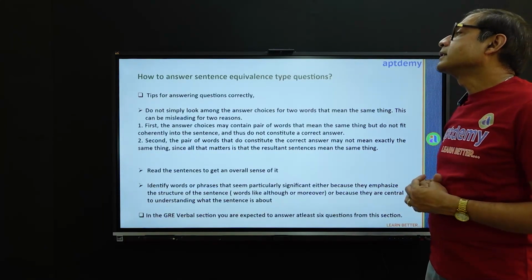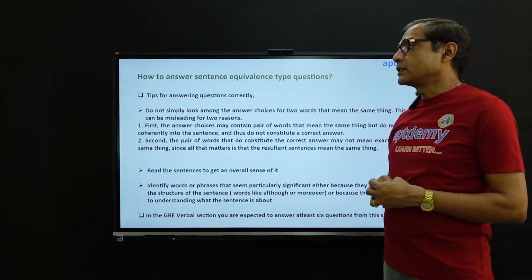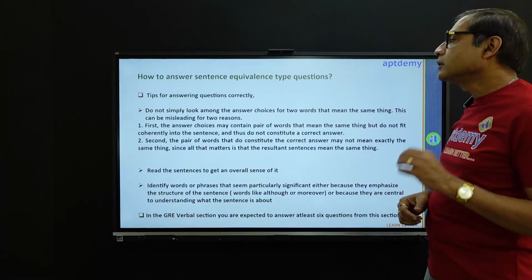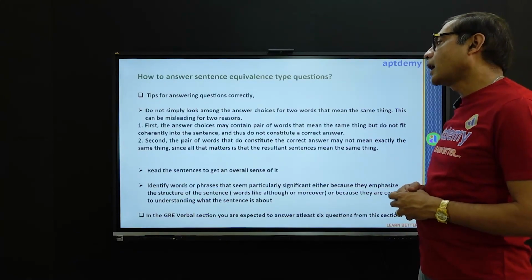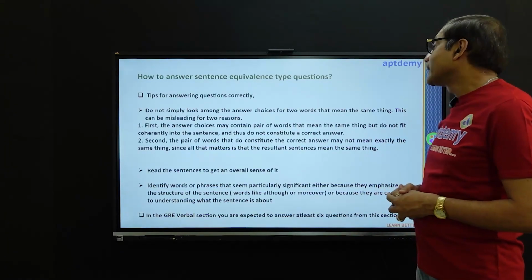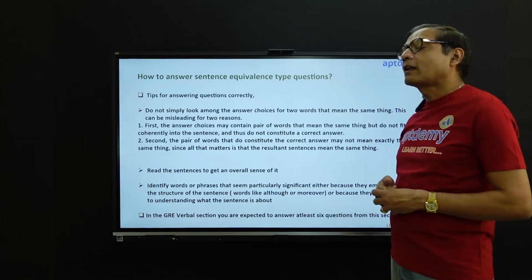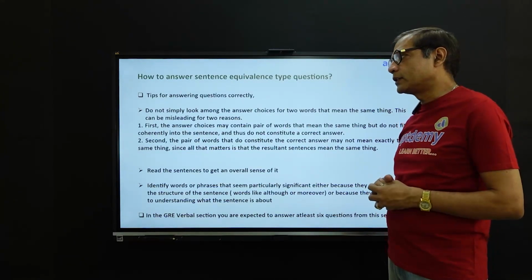So how to answer sentence equivalence type questions? What are the tips for answering the questions correctly? Do not simply look among the answer choices for 2 words that mean the same thing. Why? Because this can be misleading for 2 reasons.